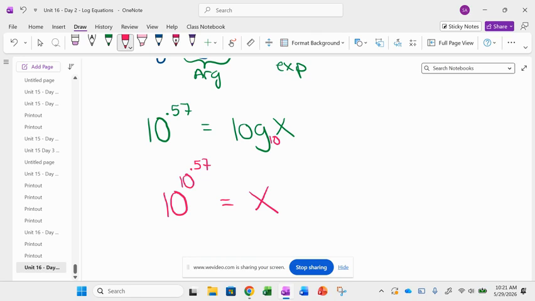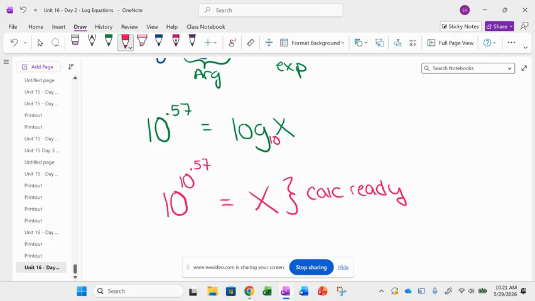And now this is our calculator ready, but now I also need to write it as an antilog. How am I going to write this as an antilog? Okay, well, I have 10 raised to an exponent. That's one antilog. But then don't I have the other 10 raised to an exponent?